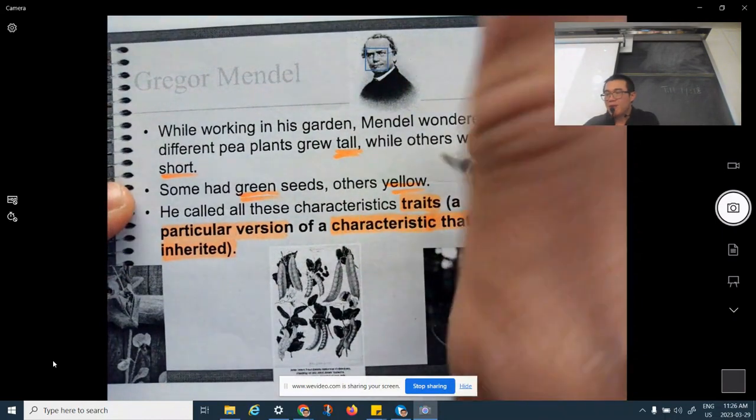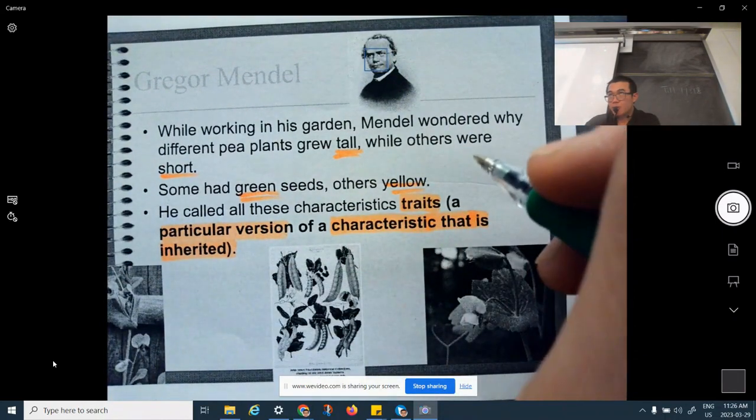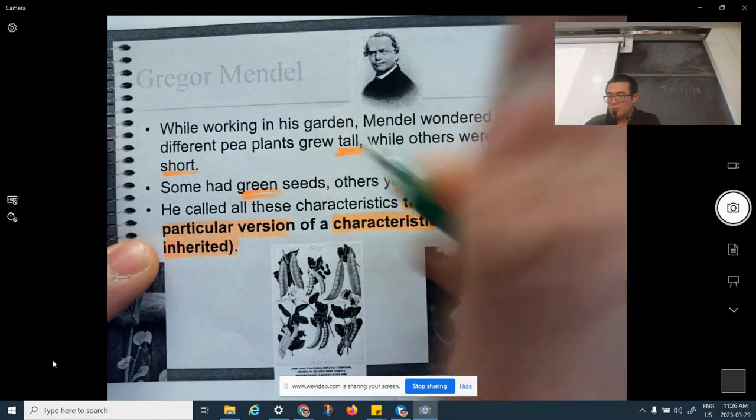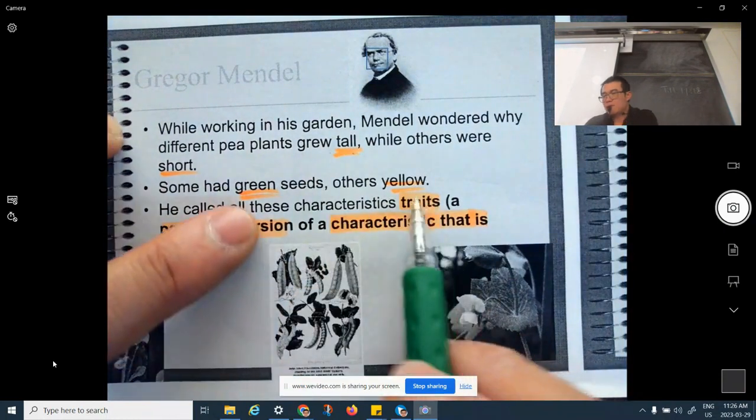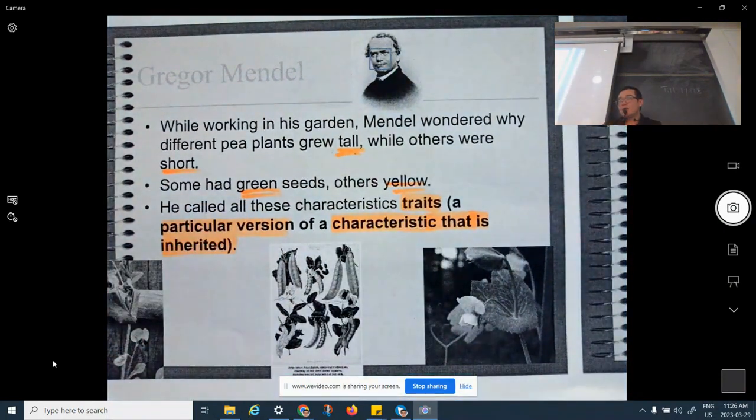So in some ways, you have a gene that codes for the height, and there's a gene that codes for the color of the seed. But whether you get the green version of that gene or the yellow version of that gene, that's a different version. Are we good so far?